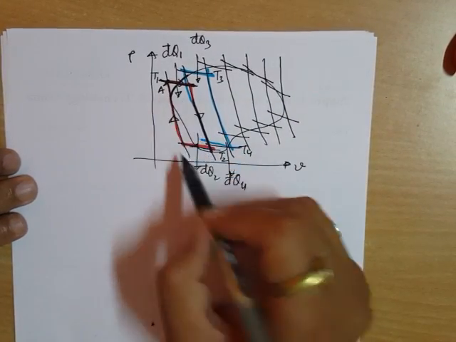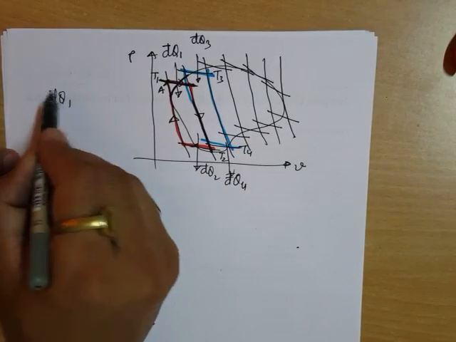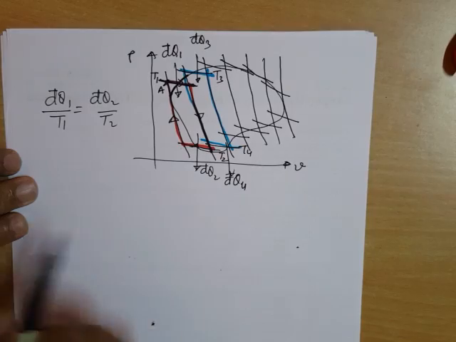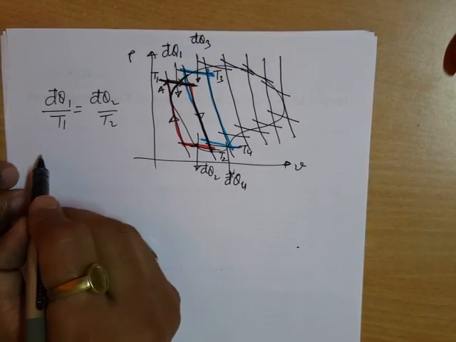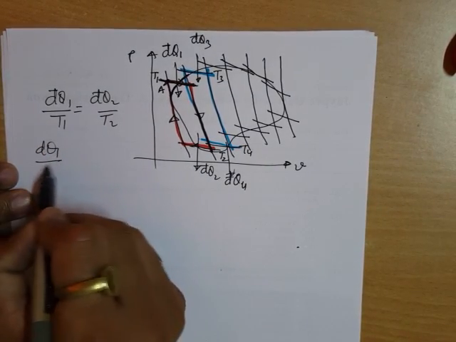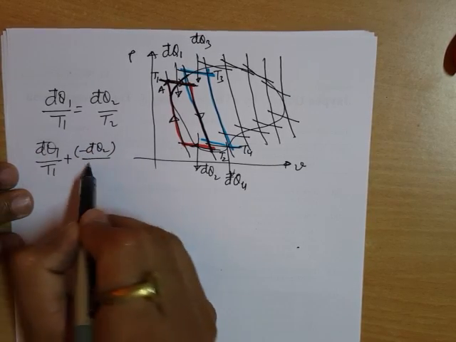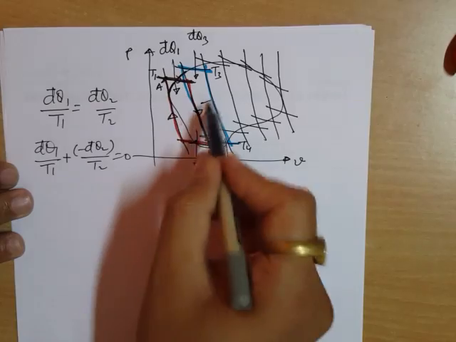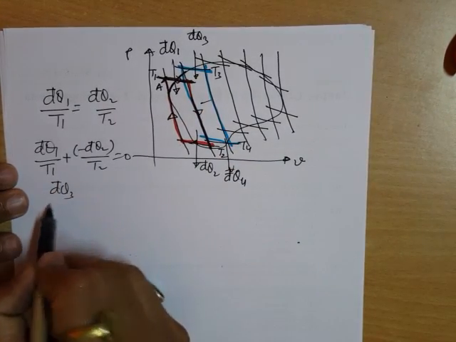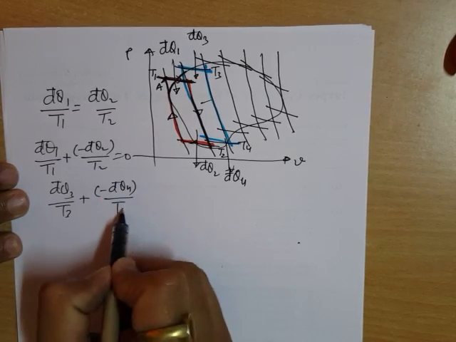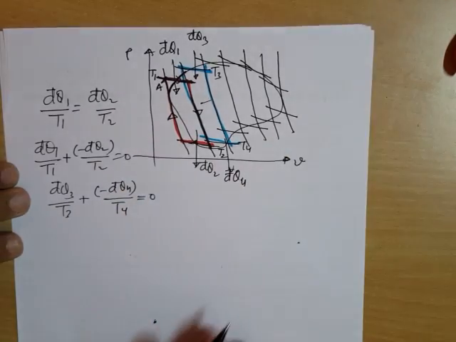So for one such cycle you can write dq1 by T1 is equal to dq2 by T2, Carnot's theorem, or dq1 by T1 plus minus dq2 by T2 is equal to 0. For the second one, it is dq3 by T3 plus minus dq4 by T4 is equal to 0, and likewise for everyone.